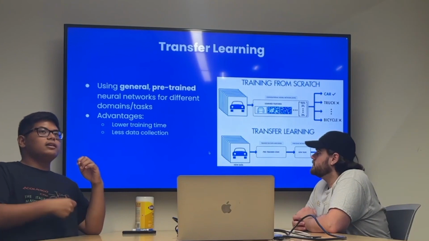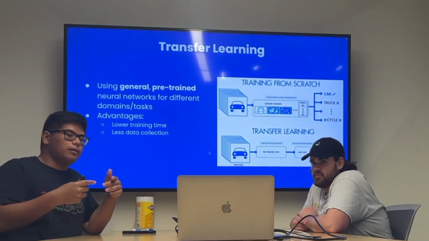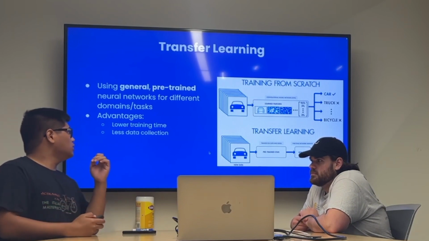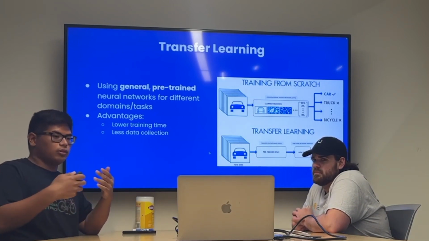Furthermore, since you have less to train on when you're fine-tuning for a specific domain or task, you need less data to get performant results.